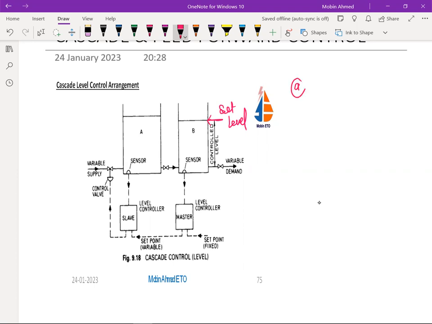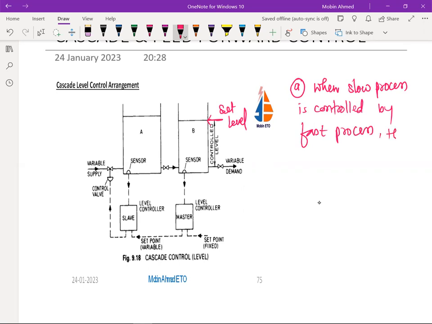First of all, when a slow process is controlled by a fast process, then cascade control is preferred.